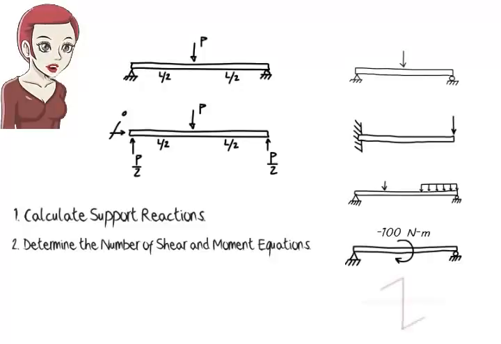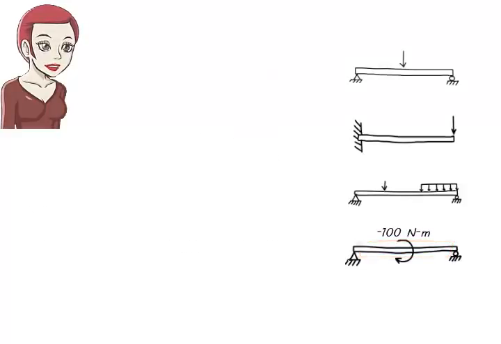This causes a sudden drop, a discontinuity, in the beam's internal bending moment at the point. Consequently, two equations are needed for representing moment in the beam. We need one equation for the left segment up to the point of discontinuity. We need another equation for representing moment past the point of discontinuity. However, the concentrated moment does not cause any abrupt change in shear. Therefore, we can represent shear in the beam using one equation only.